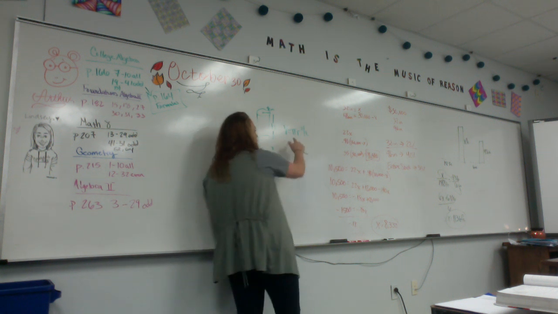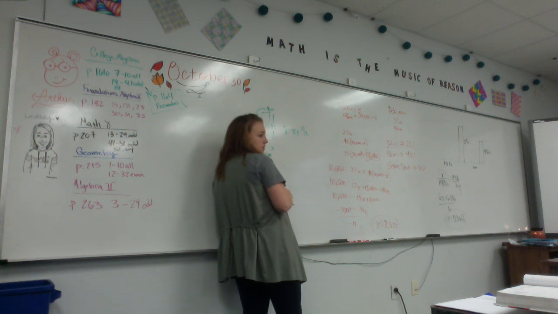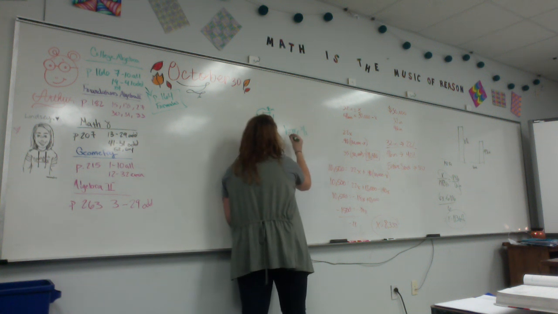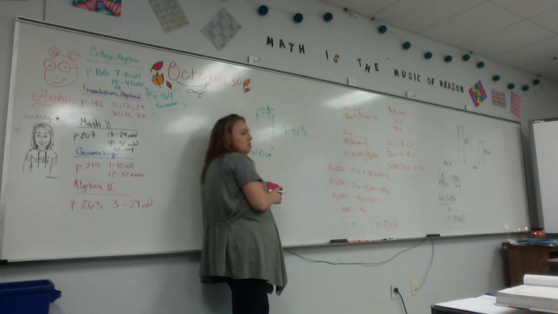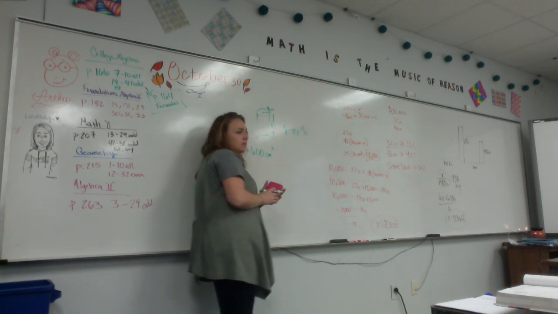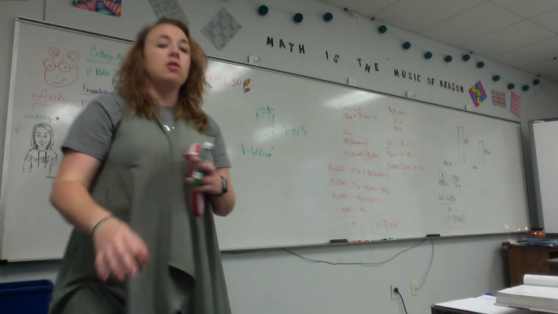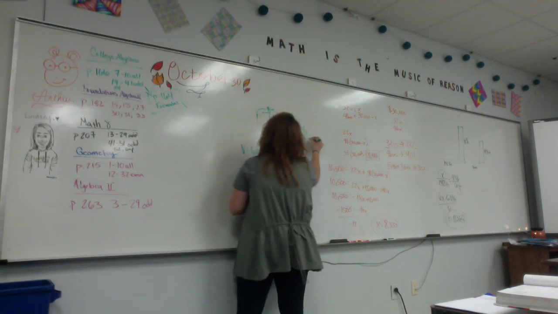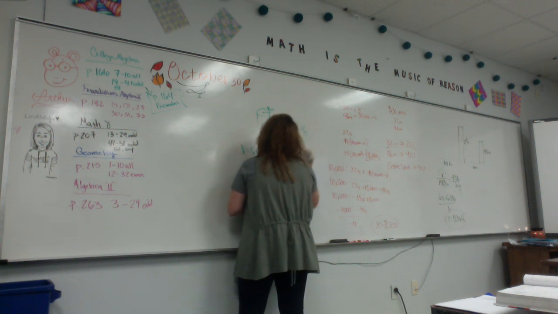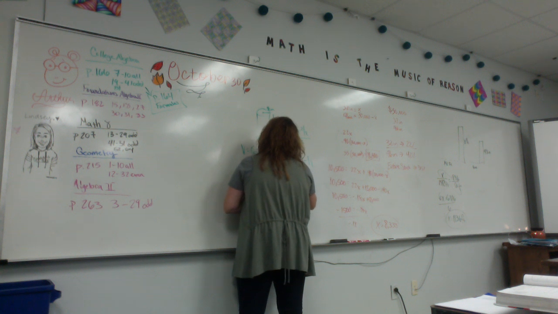How do I get rid of pi r squared from this side? Is it being added to the height? It's being multiplied, so you're dividing. I'm going to divide by pi r squared, so that you get height equals the volume over pi r squared.